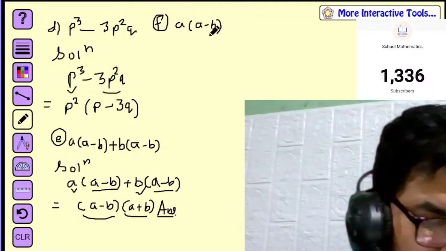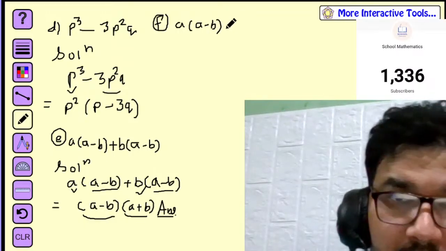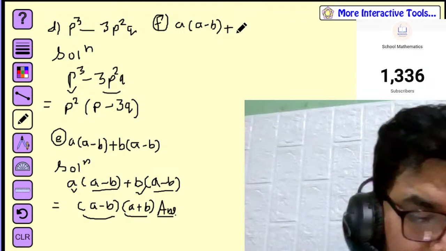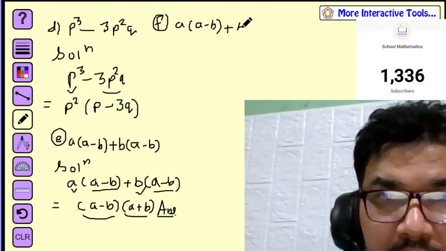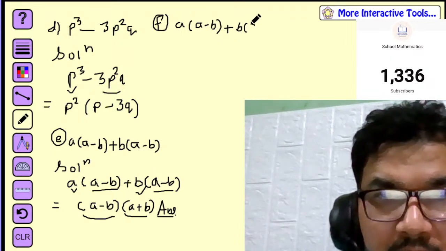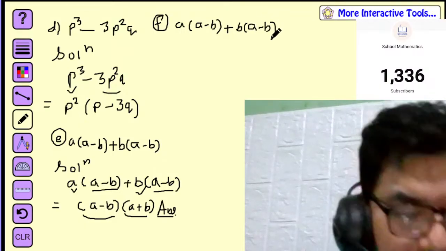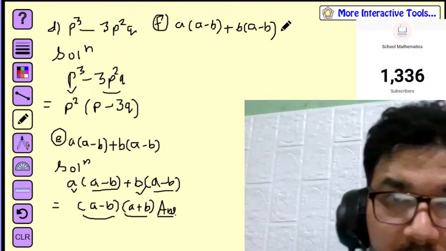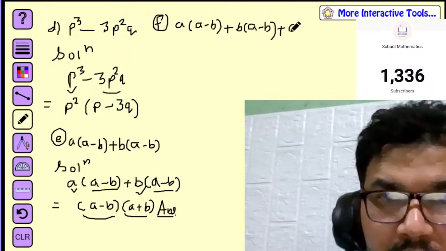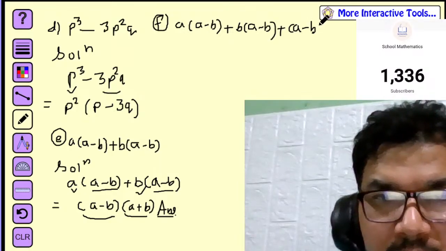And then plus b multiplied by a minus b. And then next one given there is plus a minus b whole square. That means a minus b is there two times.